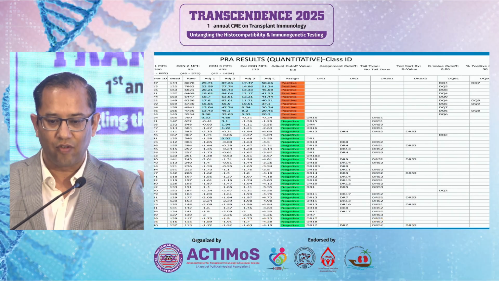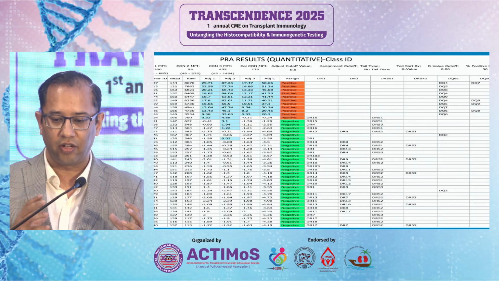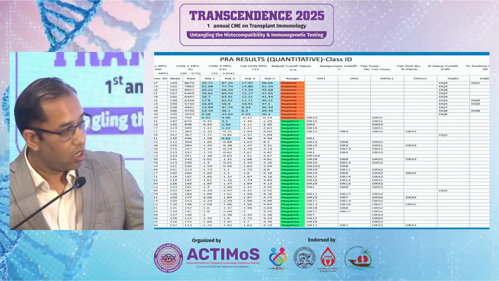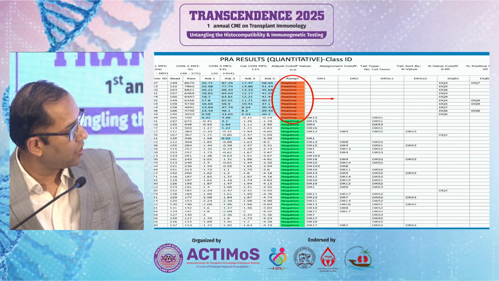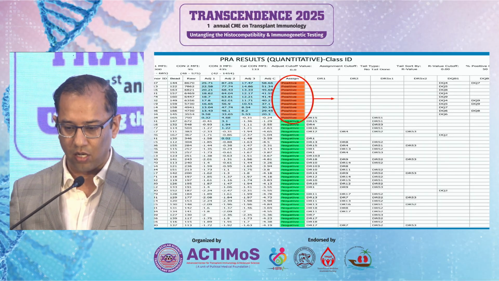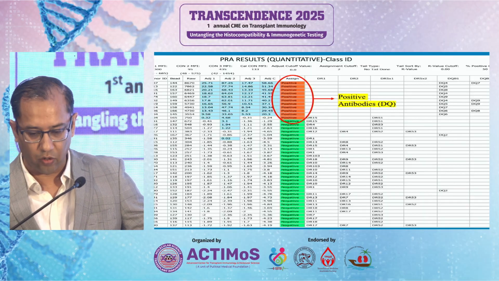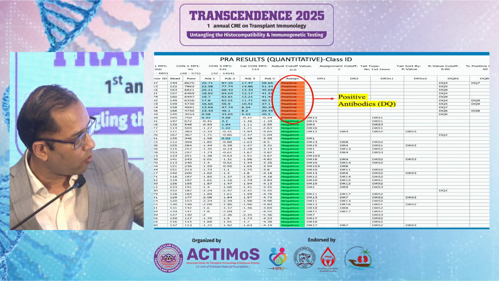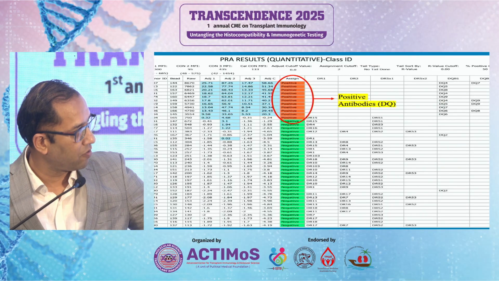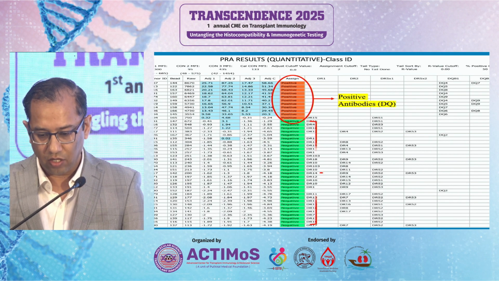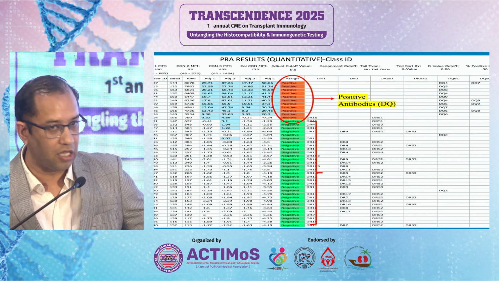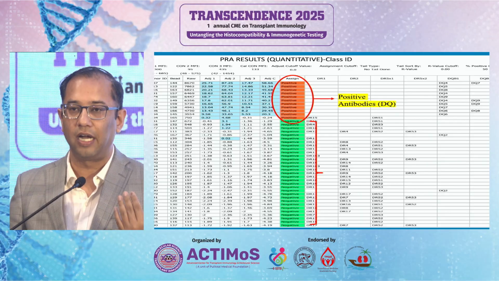On the contrary, you have a PRA ID, that is the quantitative ID, where you can see the top panel. You can see that it is positive, where the MFI levels are greater than 1000, and these are generally the DQ antibodies. On the right, you can see they are mostly DQ antibodies. Some amount of specificity can be determined. Whereas the lower part, which is in green, is negative, and those are the antibodies which are absent.